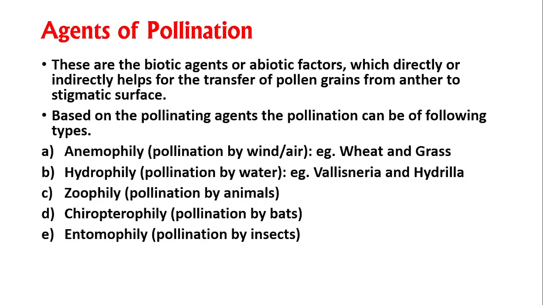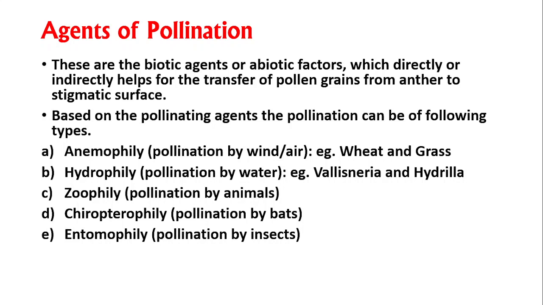The word phily means the transfer. Anemophily means the transfer of pollen grains from anther to the stigmatic surface by means of an abiotic factor, that is air or wind.